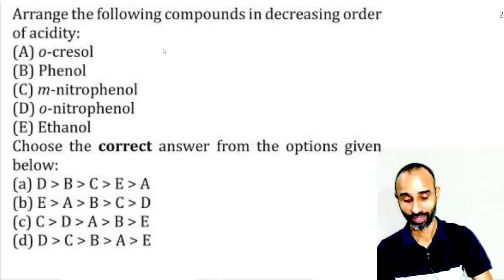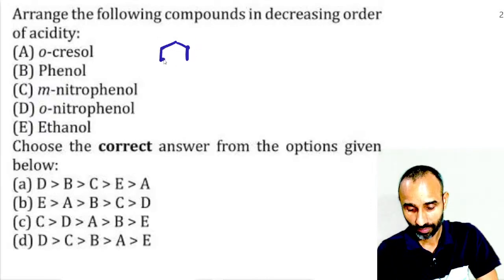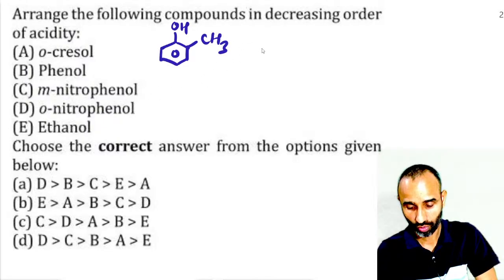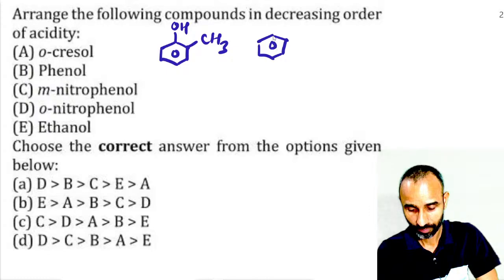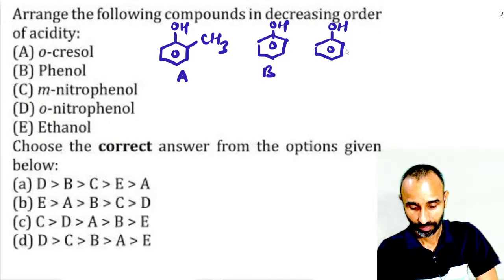What is orthocresol? Orthocresol has OH and CH3 groups. This is orthocresol. Then it is phenol. You have to compare acid and base, right?